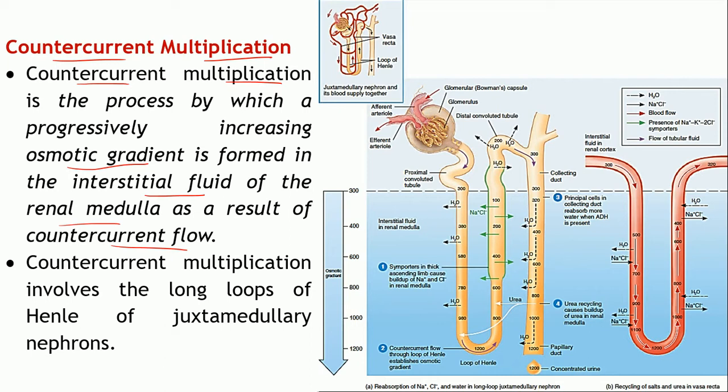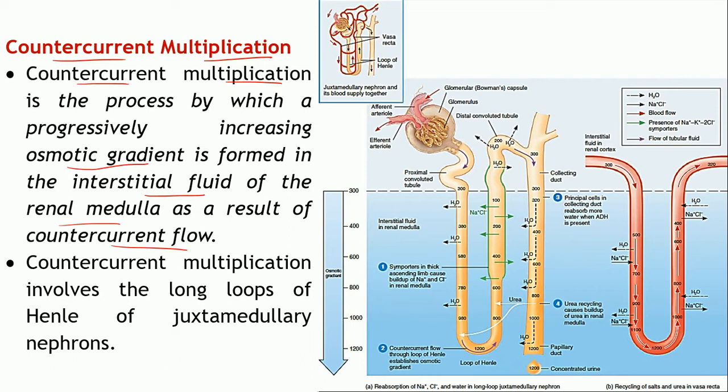Osmolarity increases as you go into the deeper layers of the renal medulla. So this progressive increase in the osmolarity in the renal medulla as a result of countercurrent flow is called the countercurrent multiplication. It results in the multiplication or increase in the osmotic gradient.